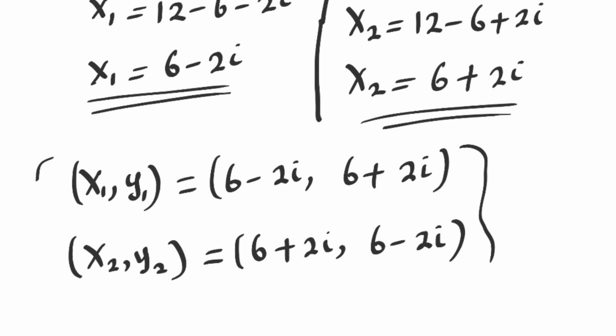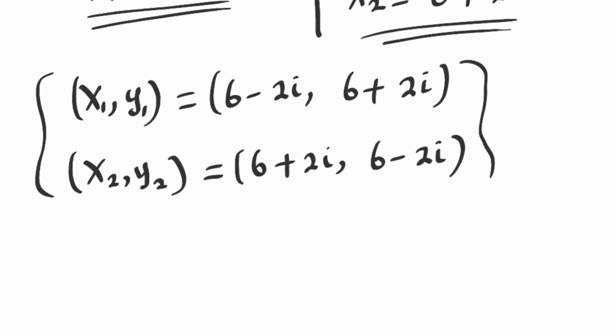These are the values of x. You can see that the value of x1 here is equal to the value of y2 here. And the value of y1 here is equal to the value of x2 here. We may check to confirm if this answer is right or wrong. Let's check using x1, y1.